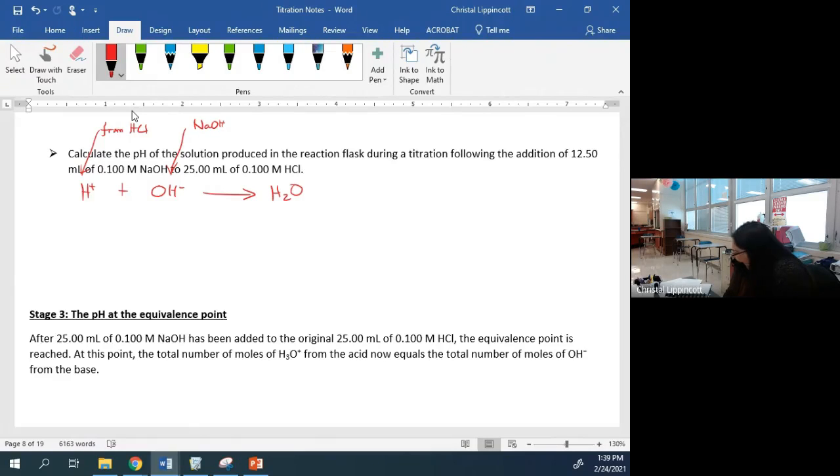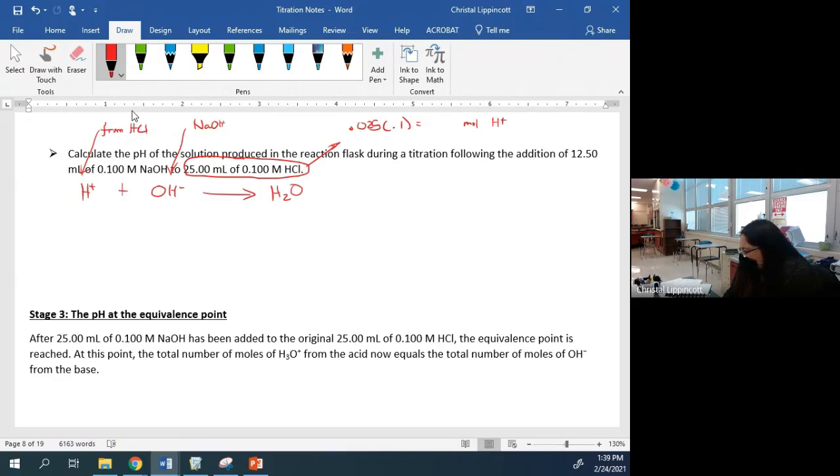Okay, so I need to calculate how many moles of my HCl I have and how many moles of my OH- I have. When you are dealing with a strong acid or a strong base, you're in the land of moles. You've got to use your stoichiometry. So I'm going to multiply 0.025 times 0.1, and that's going to give me my moles of H+ ions.